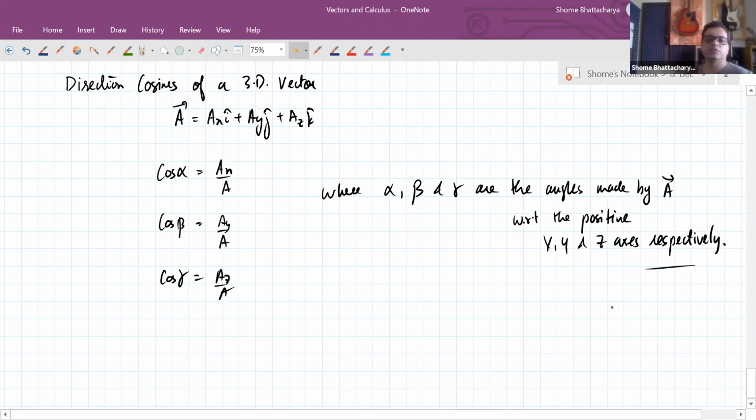So this concept we've seen earlier. Now let's see how we can use dot product to prove this or to derive this.